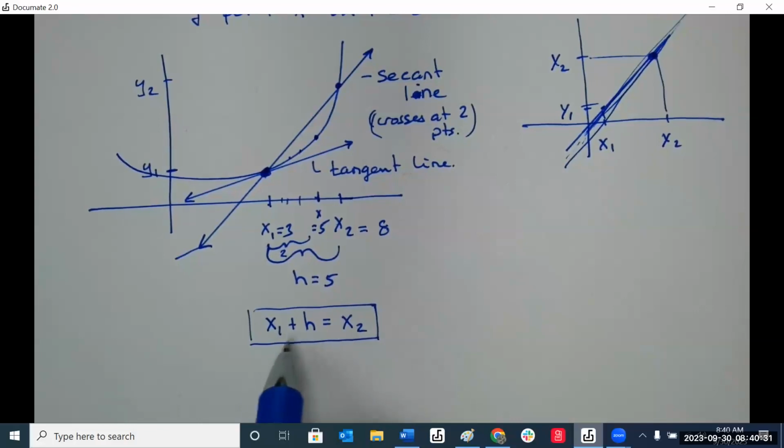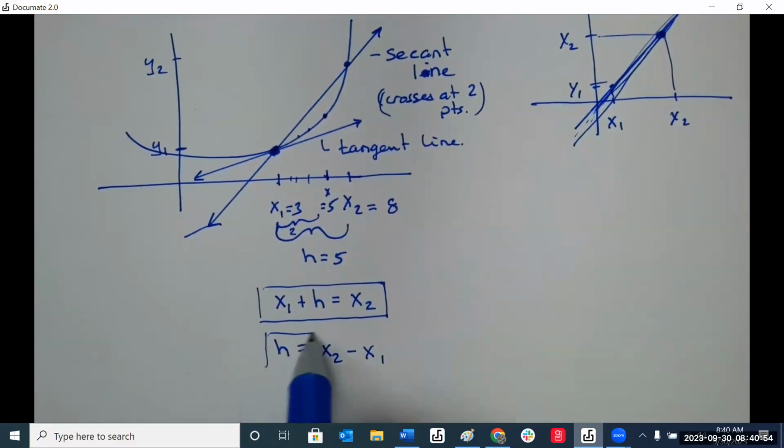So we know the relationship between x1 and x2 is this formula. But what is h? If I ask you to find h, how would you find h? Close. Yes, x2 minus x1, because it's the bigger minus the smaller.